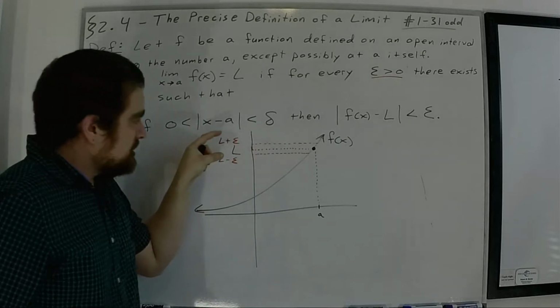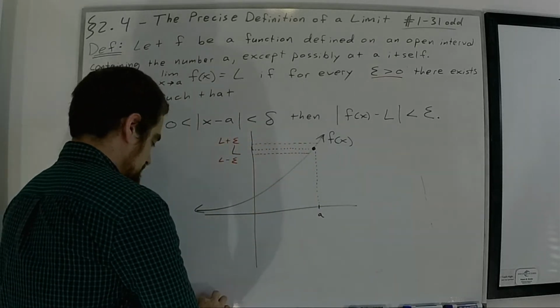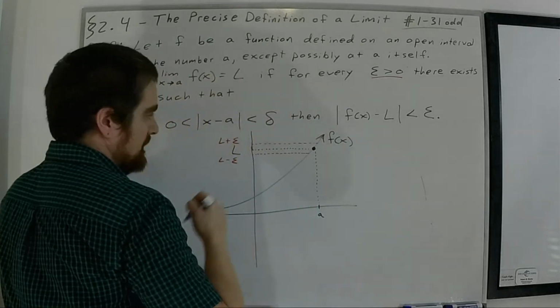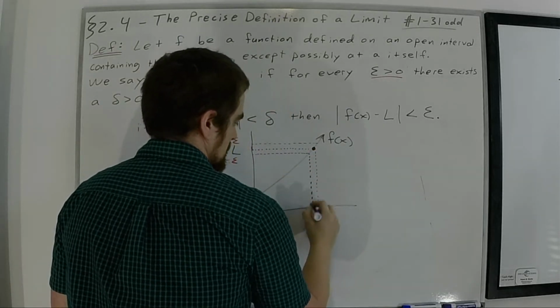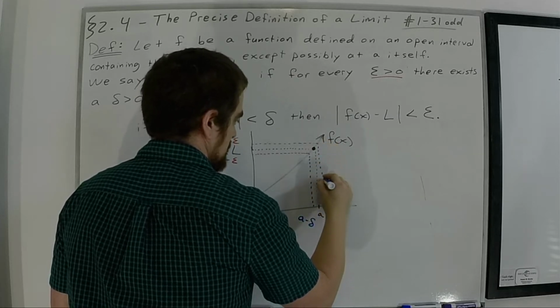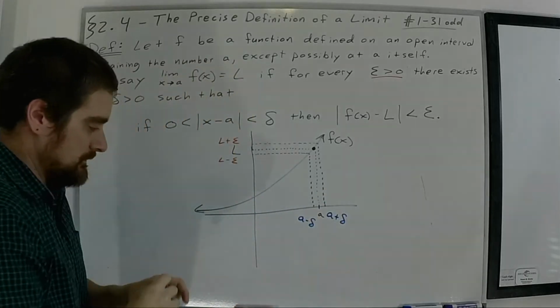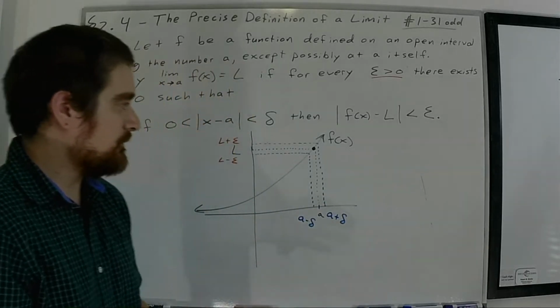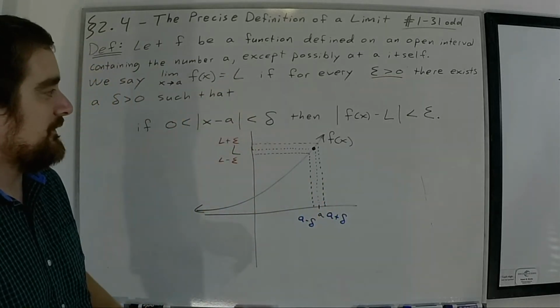It forces me to look in this window, but because delta depends on the epsilon chosen, I might get a minus delta or a plus delta in terms of showing that this limit is actually going to be equal to this value L.